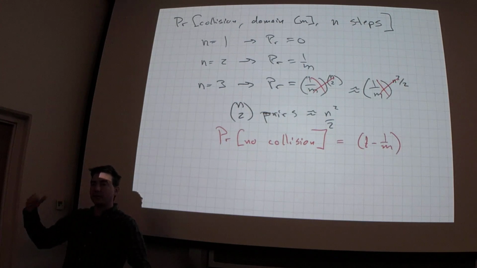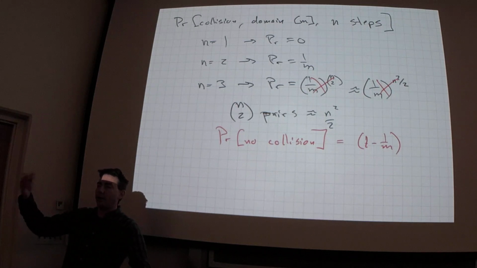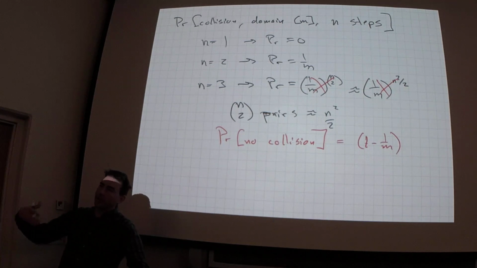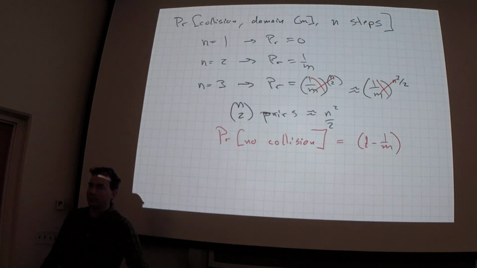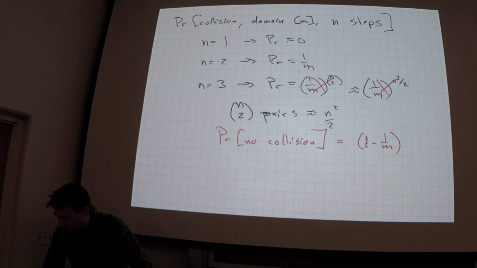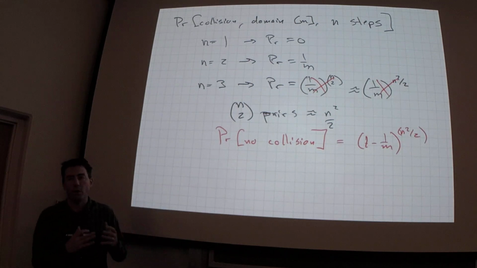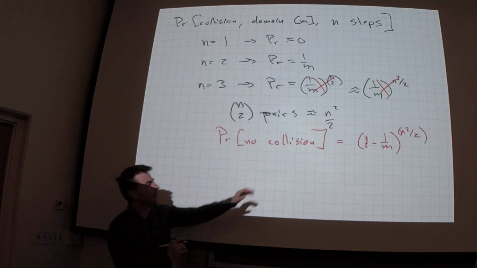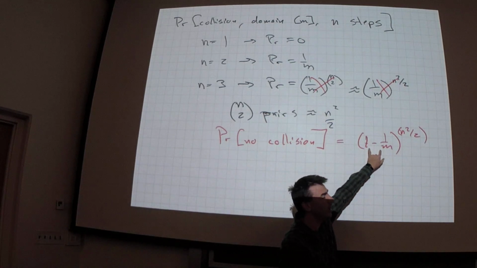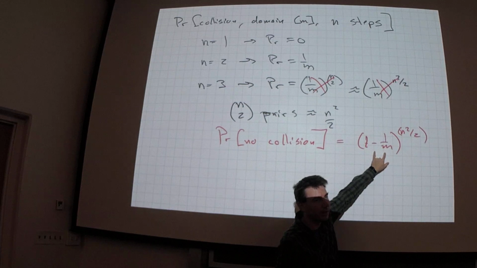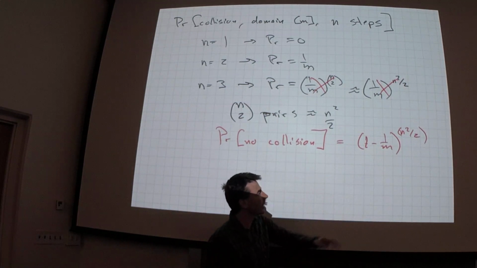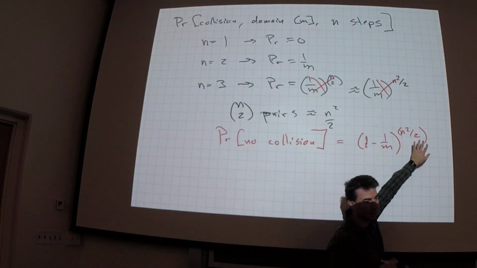And then every time I have a new pair I check, I multiply that times this probability, right? So this will be roughly n squared over 2. So it's roughly 1 minus 1 over m. So 364 out of 365, I don't have a collision, and then I have this many pairs that I check.